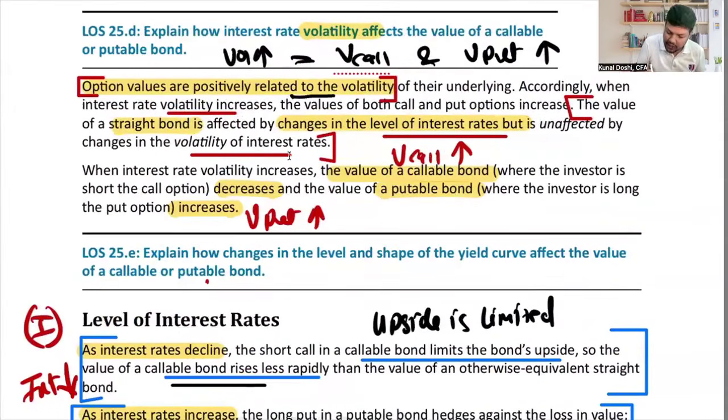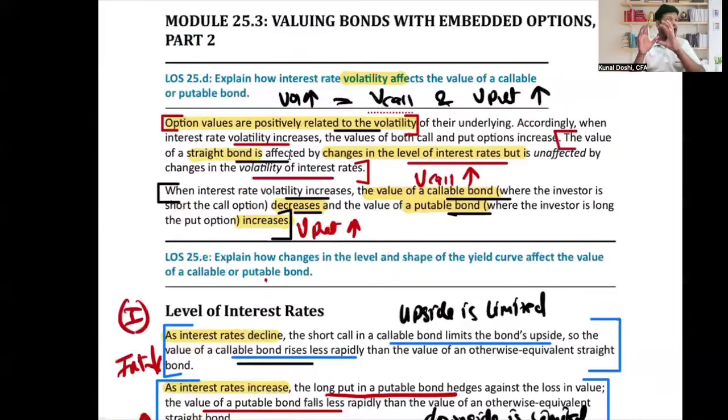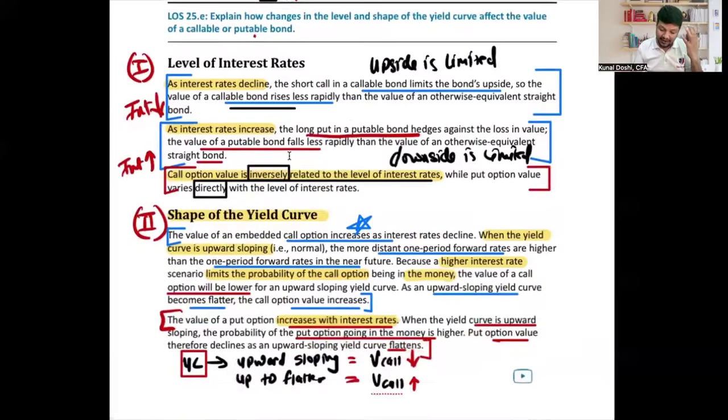Option values are positively related to volatility. As I said, it's the friend of the option. The value of a straight bond is affected by the changes. Fine. When the interest rate volatility increases, the value of a callable bond, as we discussed, decreases and the value of a puttable bond increases. Simple, right? So how volatility will affect the bond price, we discussed.